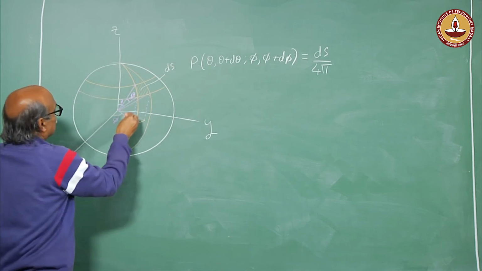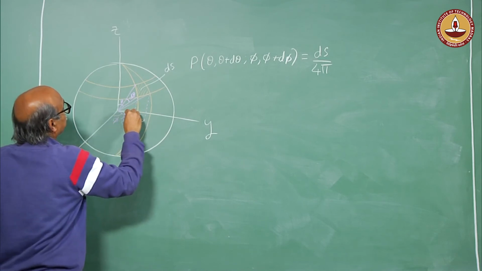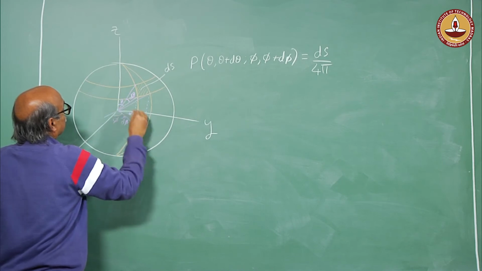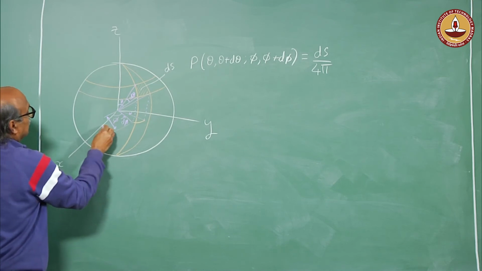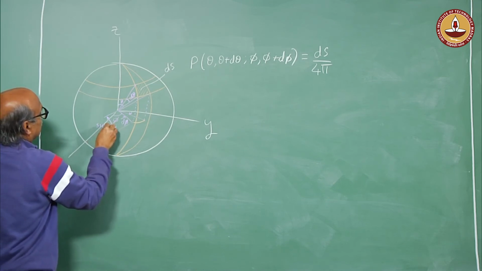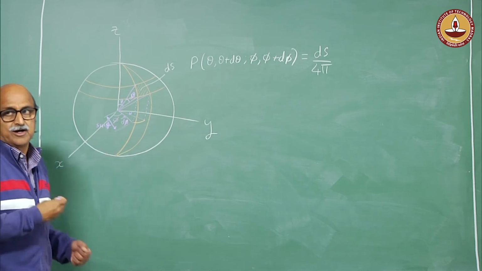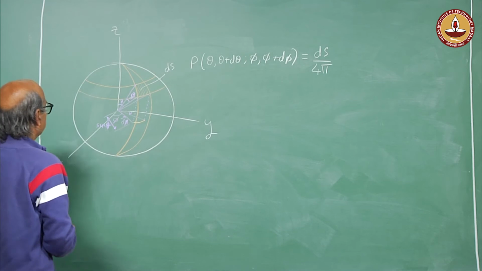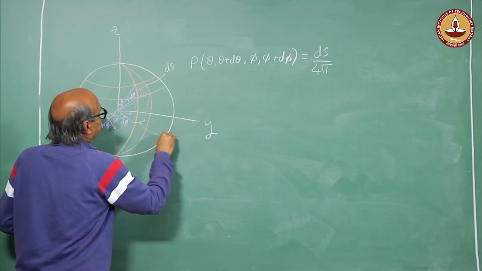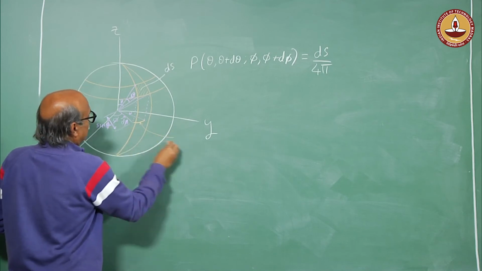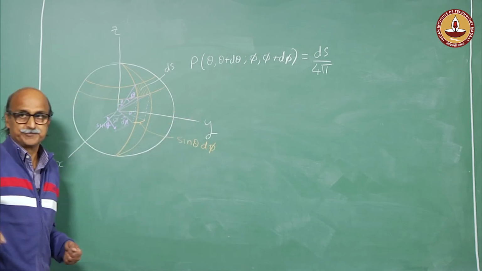Okay. So, I can write this length as simply r sin theta, so this will become sin theta. As a result, this length would become sin theta d phi.